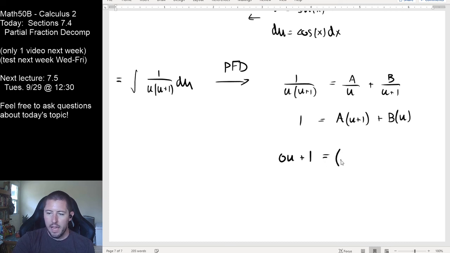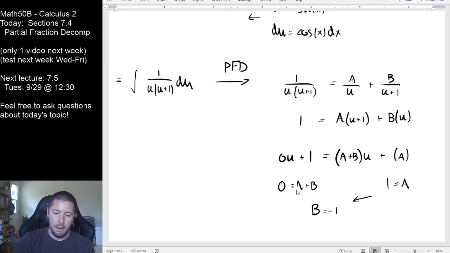On the right, I'm going to have a plus b u's, and I'm going to have a as my constant term. Therefore, 0 should be a plus b. 1 should be a. That one's pretty nice and easy right there. Since a is 1, that's going to tell me that b must be negative 1, because a and b add to 0. And so it looks like I now know my decomposition components right here. I've got the constant coefficients associated with my decomposition.